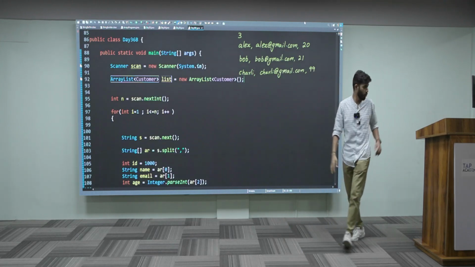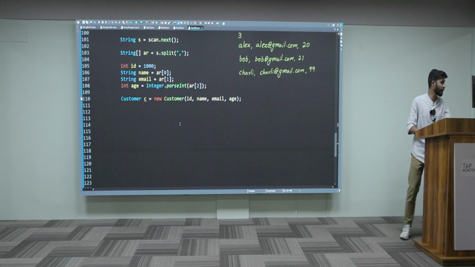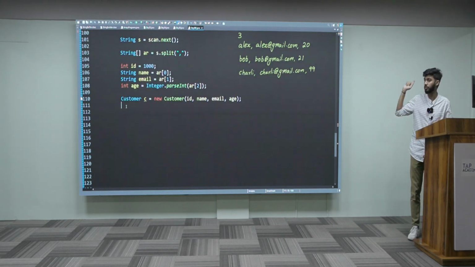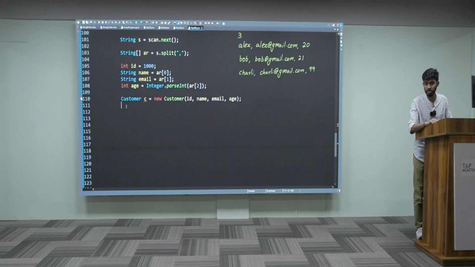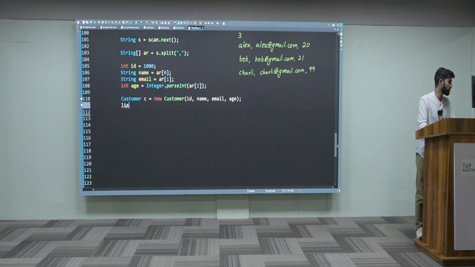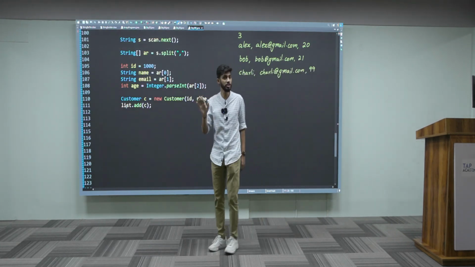So all I need to do is go back inside the loop, and inside this particular loop, have I created the customer object or not? Yes. Add that into the list. You know how to add that into a list? Yes. So I will say list dot add, and I will add this C. Is it clear to everyone? Any doubts inside this?